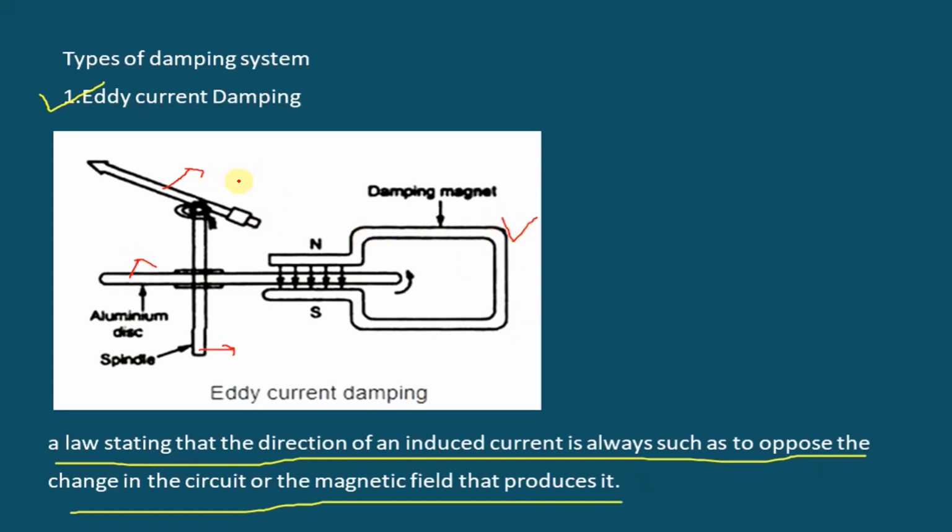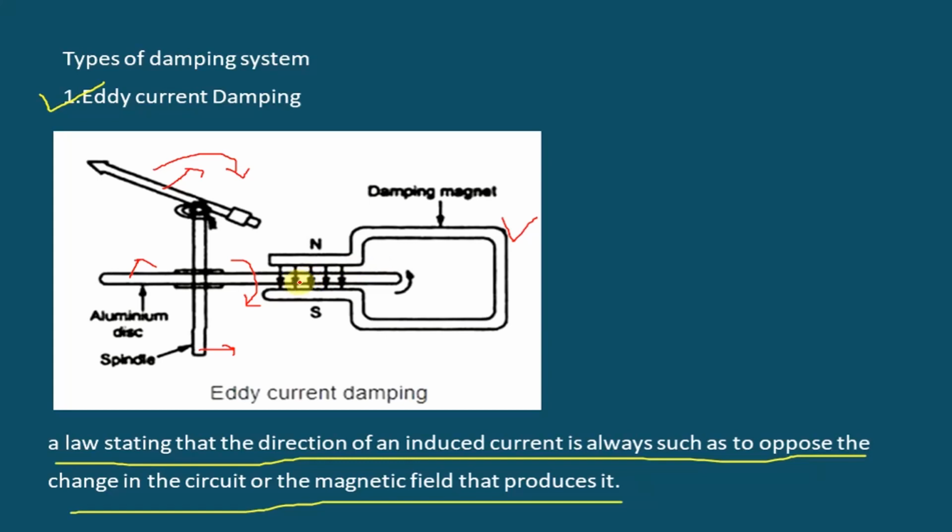Now let's suppose this pointer is moving in clockwise direction. So what will happen to the disc? The disc will also go in the clockwise direction. When it is going in the clockwise direction, the flux linkage to the aluminum disc will change.